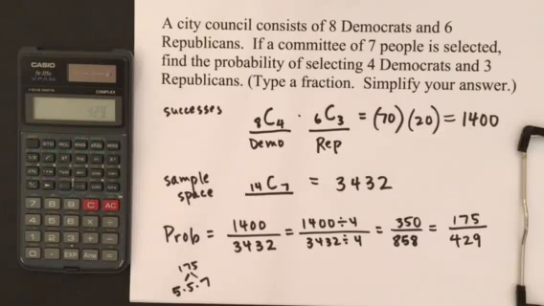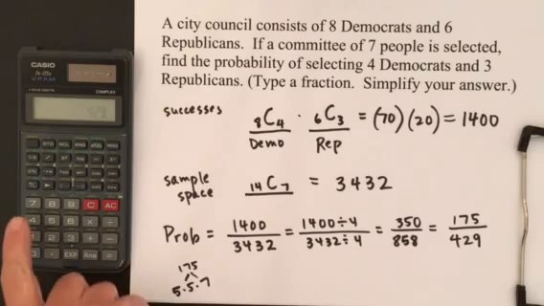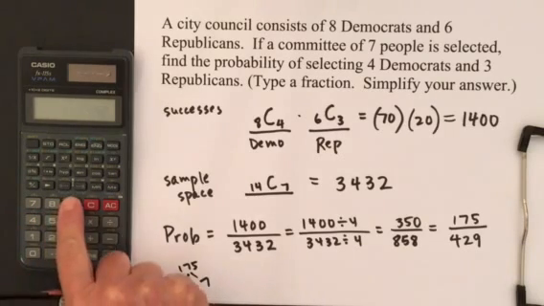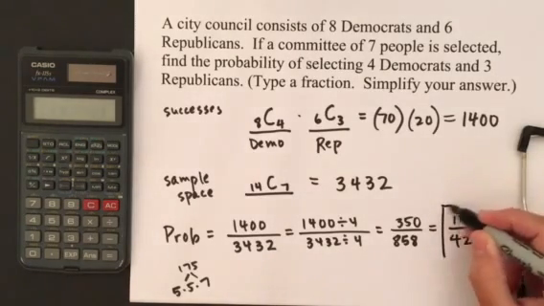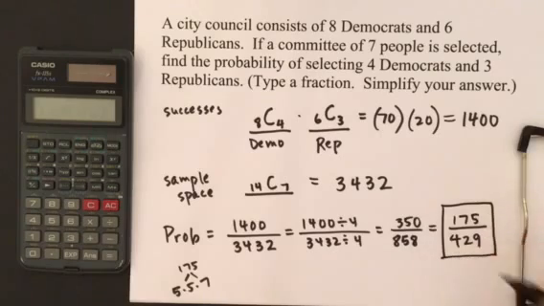Well, I know 429 does not reduce by 5 because it does not end in a 5 or a 0. Let me check on the calculator, 429 divided by 7. And 429 does not divide evenly by 7. So 175 over 429 is the reduced answer for this problem.